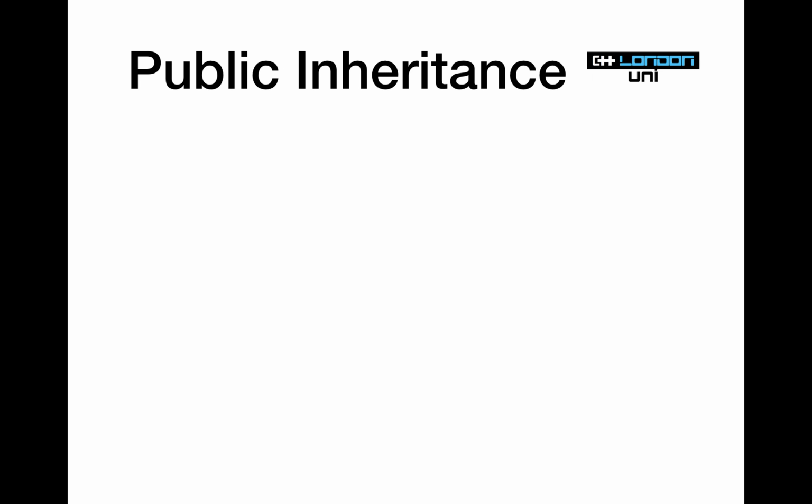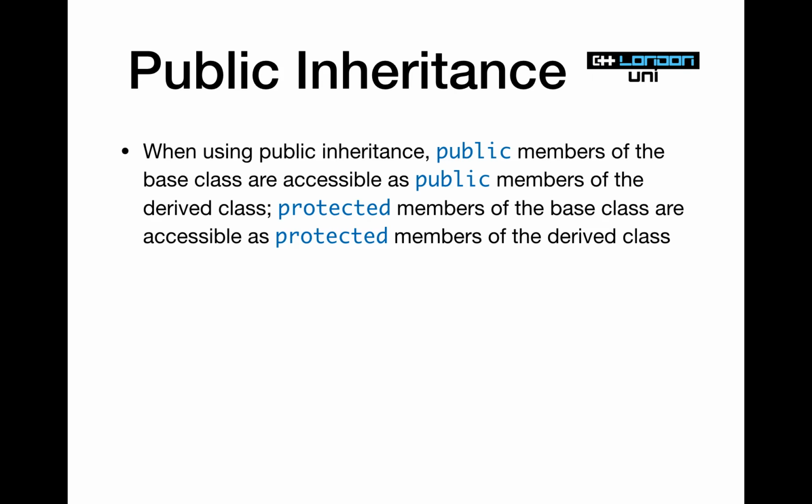So let's talk about the good one. Public inheritance, the thing you want. When we inherit publicly from a base class, it means that all of the things that are public in the base class become public in our class.